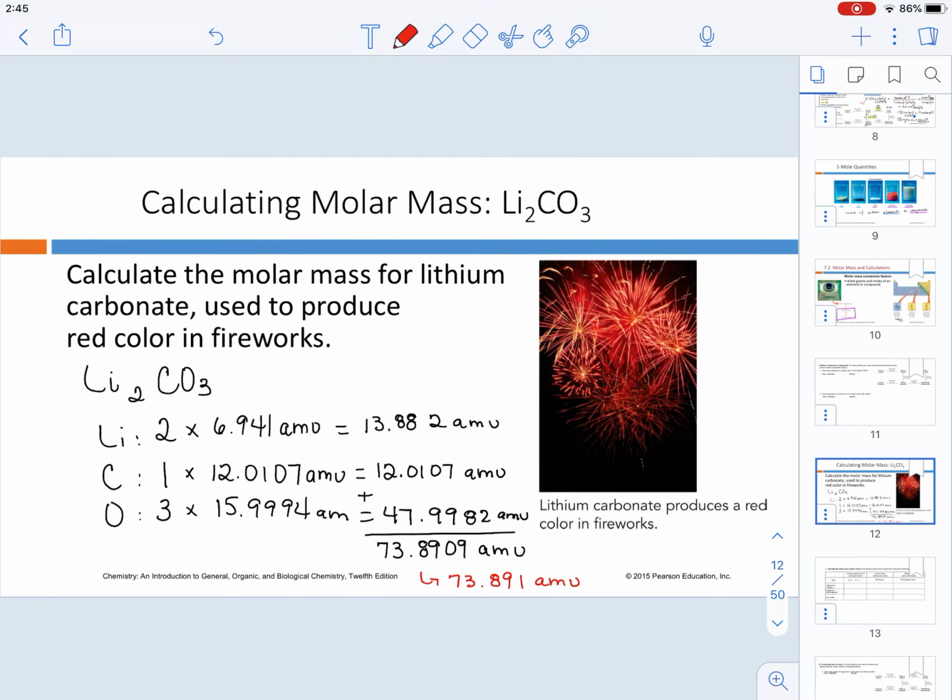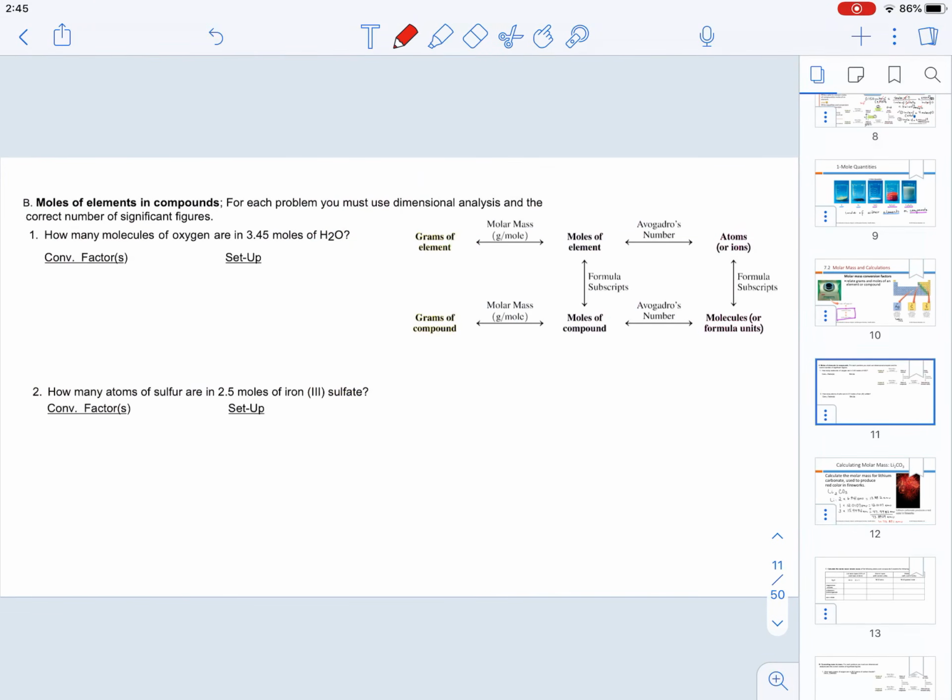The previous problem, in which we were doing moles of compound to atoms of an element, has examples. That's part B in the worksheet. I'm just going to work out one problem so at least you see it.